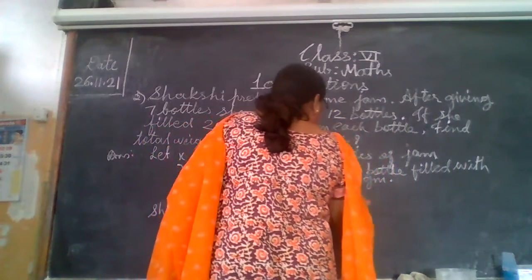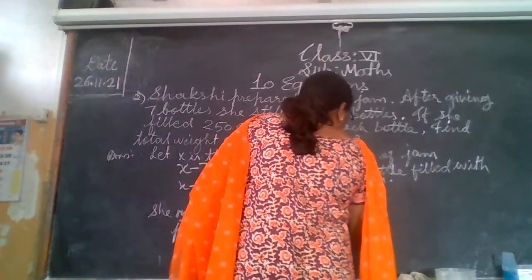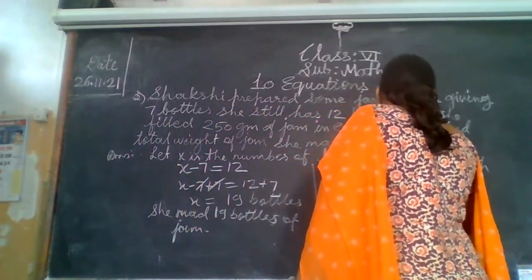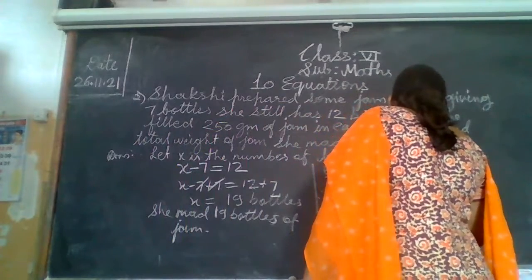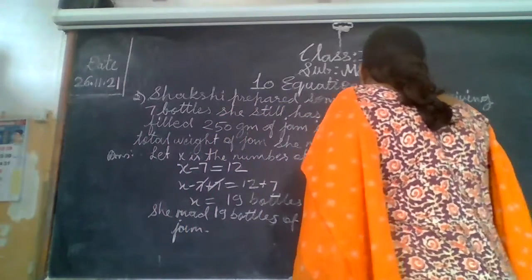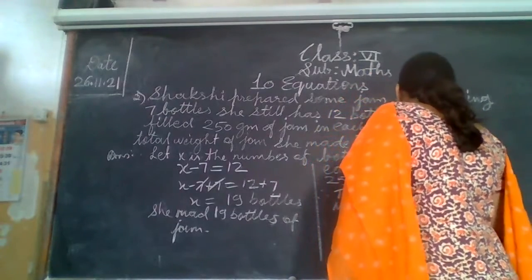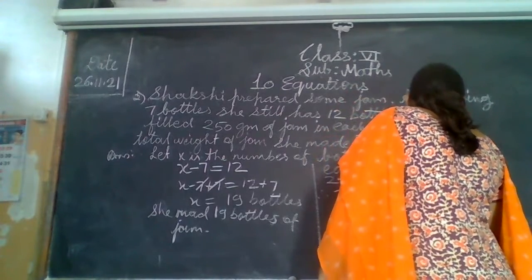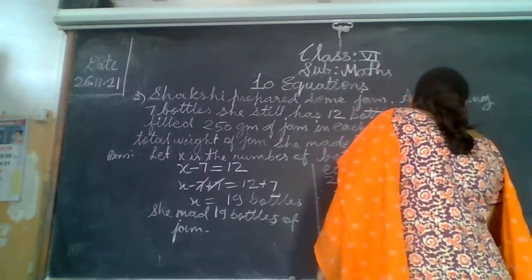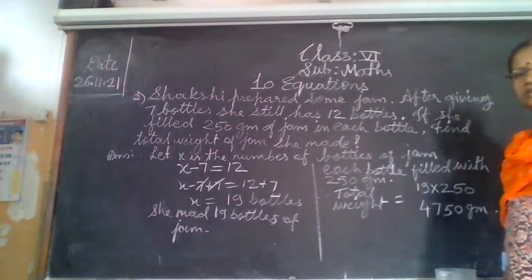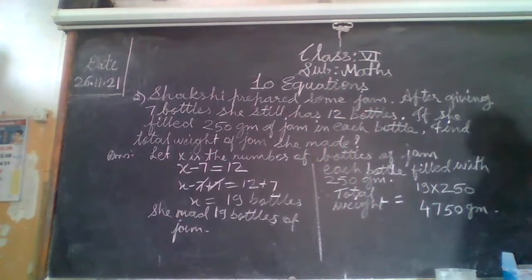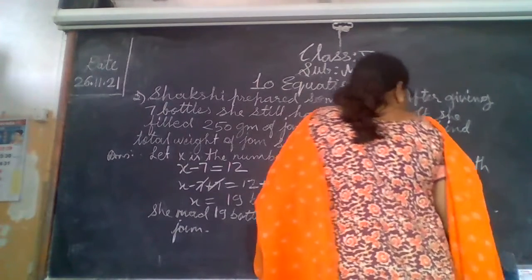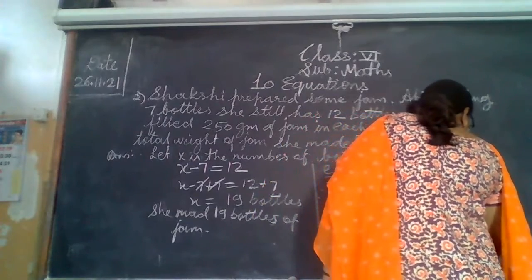Therefore, total weight is 19 multiplied by 250. Sorry, 250. 9 zeros are 0, 9 fives are 45, 9 twos are 18, plus 4, 22. 1 times 250 is 250. Adding, we get 4750 grams. That is 4 kg 750 grams.